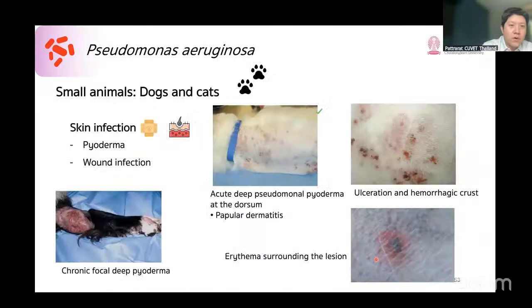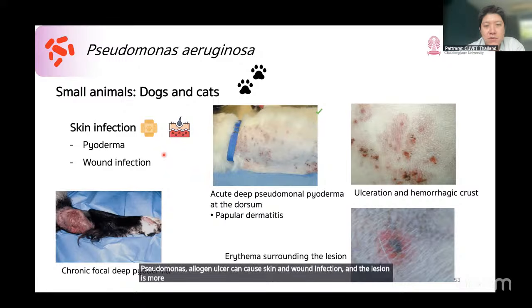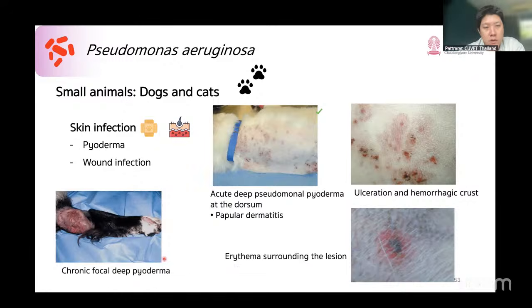Yes, for veterinary importance, especially in small animals, Pseudomonas aeruginosa can cause skin and wound infection, and the lesion is more severe than with Staphylococcus. This can cause deep and multifocal pyoderma.